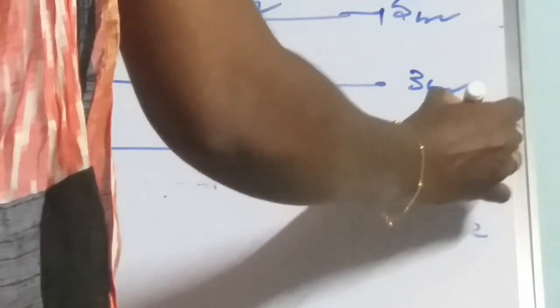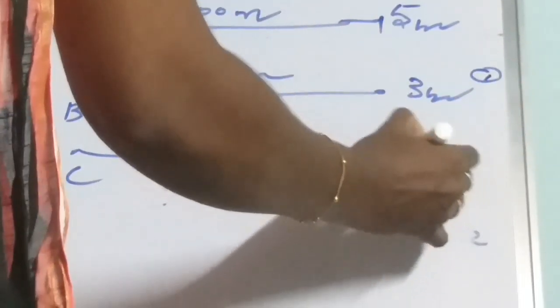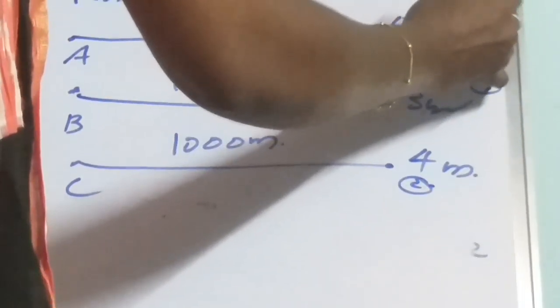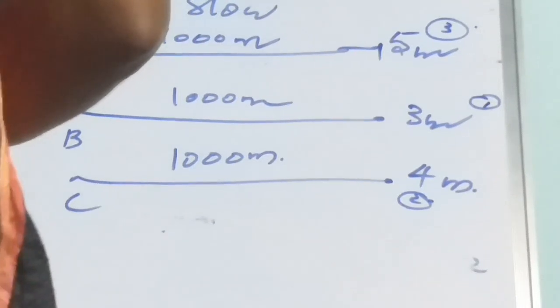To reach the finishing point, A takes 5 minutes, B takes 3 minutes and C takes 4 minutes. So we can say B is first, C is second and A is third.